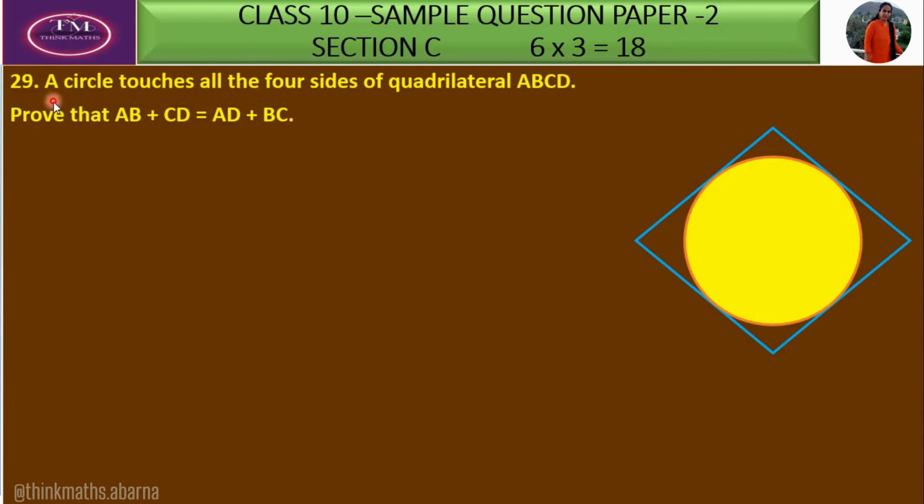The 29th question: a circle touches all the 4 sides of a quadrilateral ABCD. We have to prove that AB plus CD is equal to AD plus BC. So now this is the quadrilateral A, B, C, D. And this yellow one is the circle which touches the quadrilateral at P, Q, R, S. So what is given?